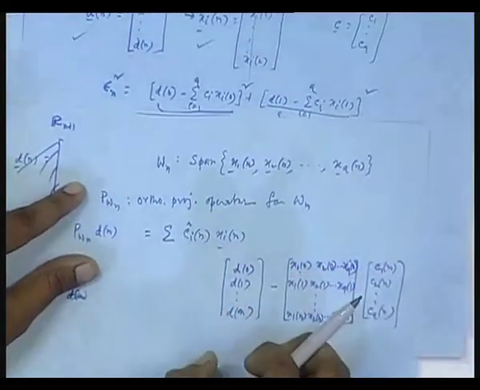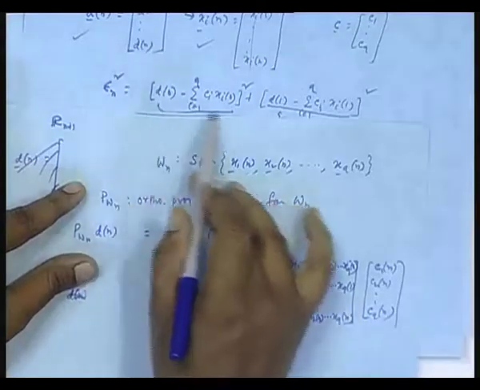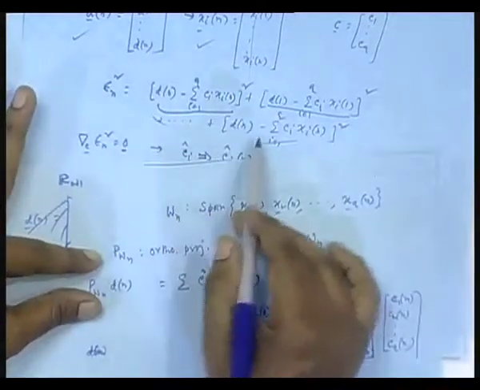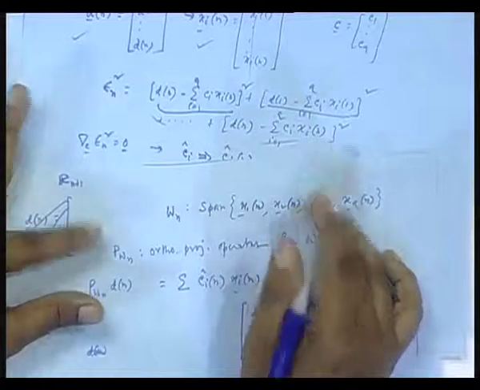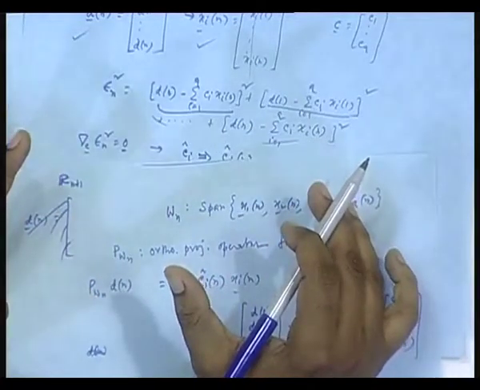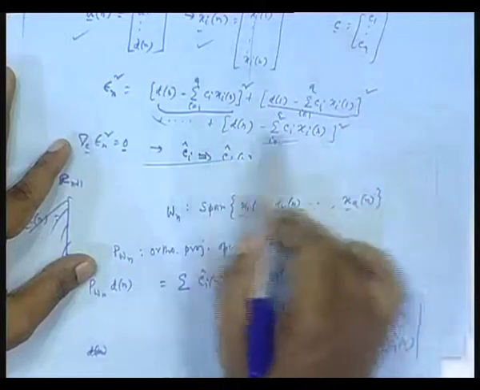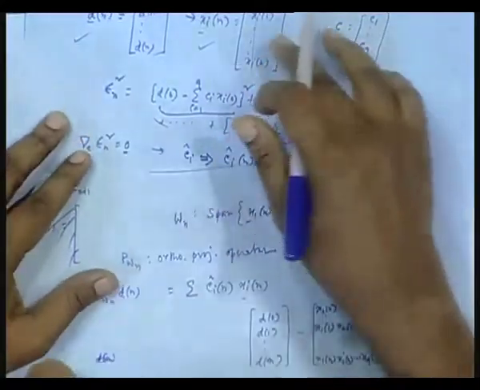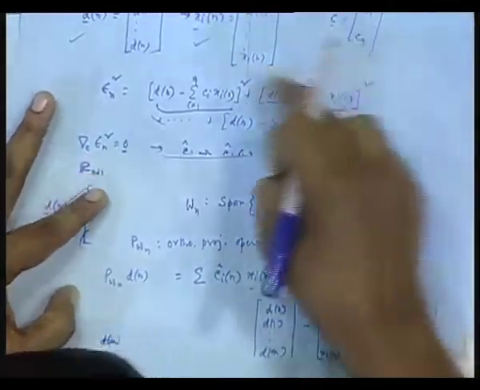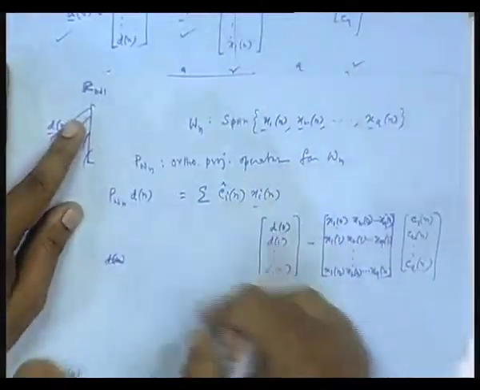So, you get a vector: first element is this, second element is this, third element, and the last element is this. If I take the norm square of the vector, it is the square of the first element, square of the second element, up to the square of the last element, added as per my inner product definition. So, minimization of this means minimization of the norm square.